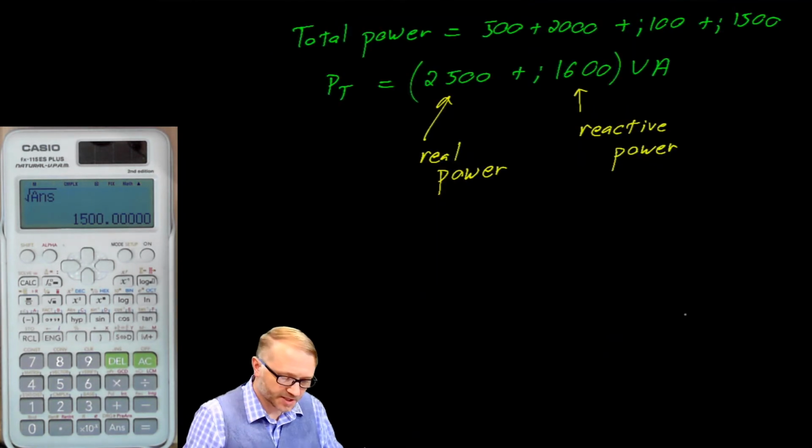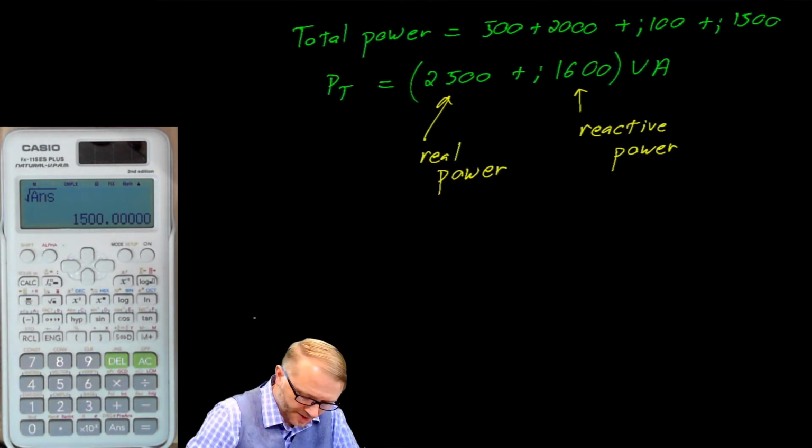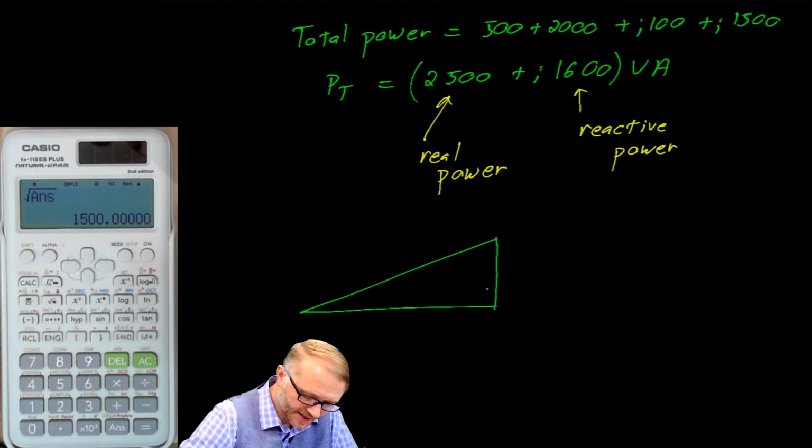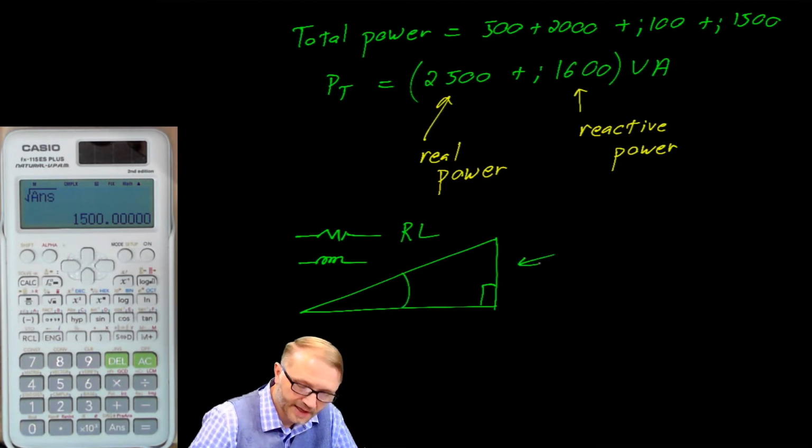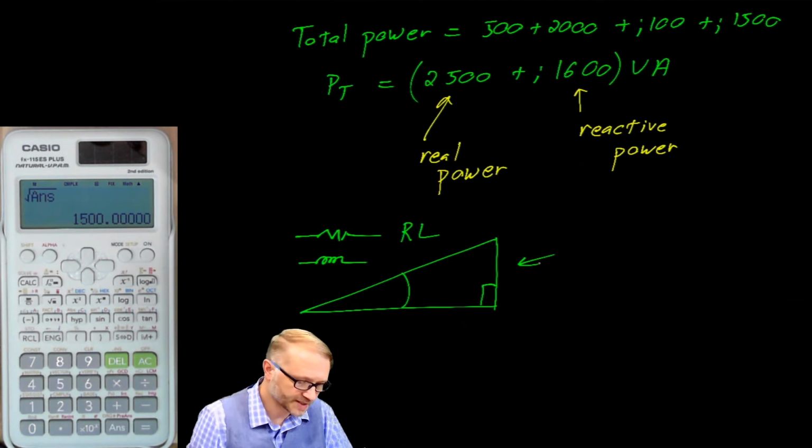While we're on the subject of power triangles, I wanted to show you something. If your power triangle looks like this, we could talk about that being a resistive inductive circuit, so that would be an RL circuit. And this triangle is upright.